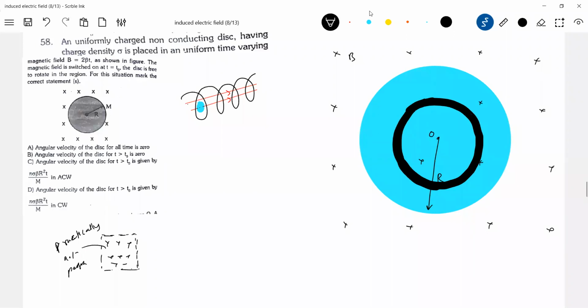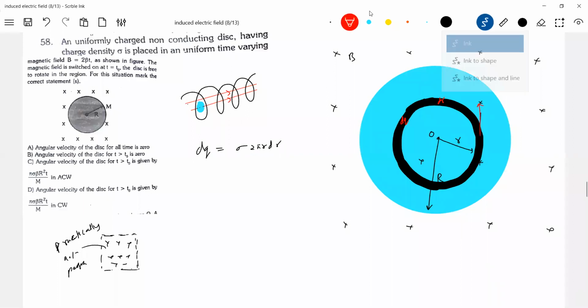Let the radius of the circular strip be r, and let the width of that be dr. So this will contain a small amount of charge, dq. How do we calculate the charge dq? dq equals sigma into 2 pi r dr. How should the induced electric field be? Everywhere tangential, no?